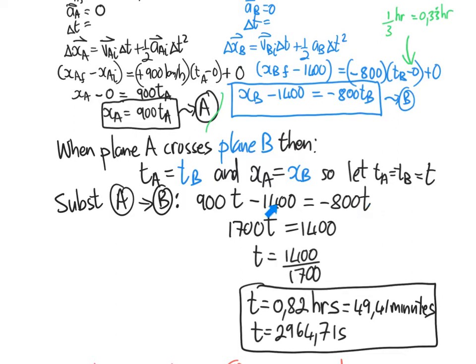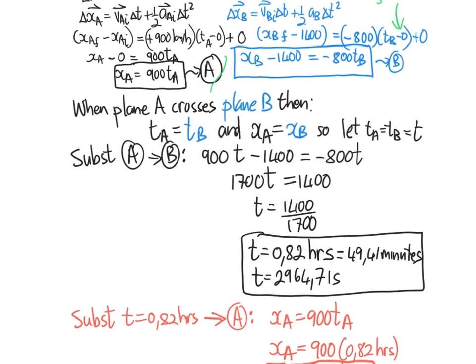We take the minus 1400 across, we take the minus 800t across, we get 1700t equals 1400. We divide into 1400 and we get that t is 0.82 hours.